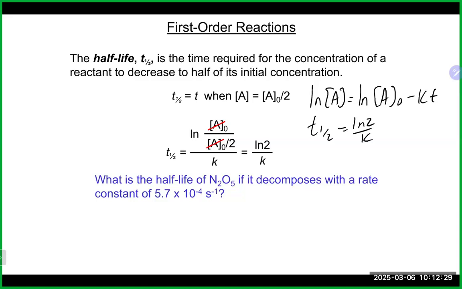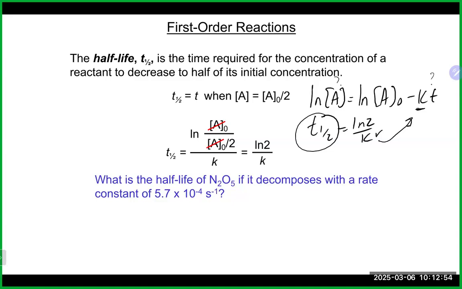So sometimes you will be given problems, and maybe you're looking for how much time, or maybe a concentration, but you have everything given to you except maybe K, the rate constant, but they will give you the half-life. You could use the half-life to solve for K and then pop it into there.